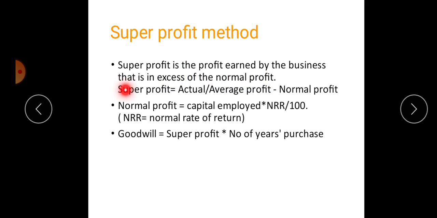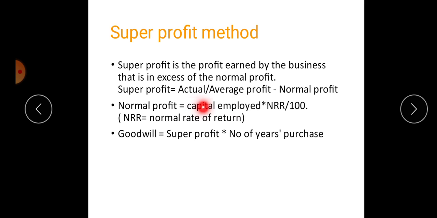So the formula for calculating super profit is actual profit or average profit minus normal profit. Now actual profit or average profit will be mentioned, and normal profit we will calculate by multiplying normal rate of return with the amount of capital employed. Now capital employed can be calculated by finding the difference between assets minus liabilities, or the total of capital and reserves.